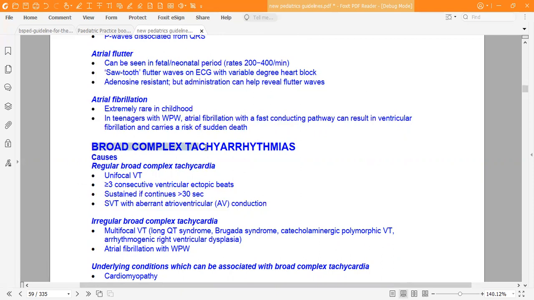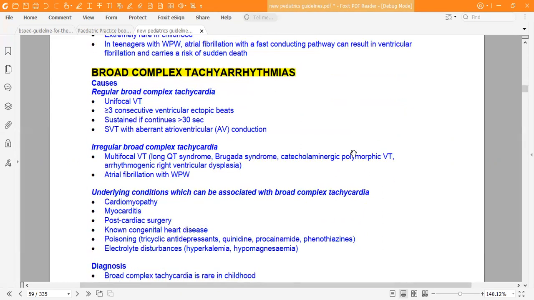Now let's move to broad complex tachyarrhythmia. The causes of the broad complex tachyarrhythmias: we have the regular broad complex tachycardia and irregular.